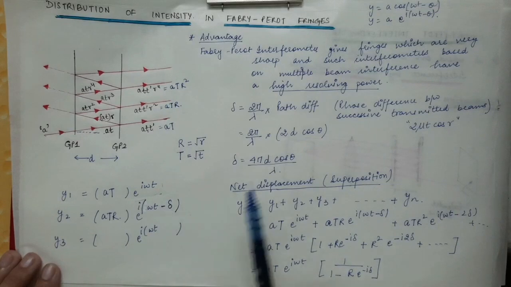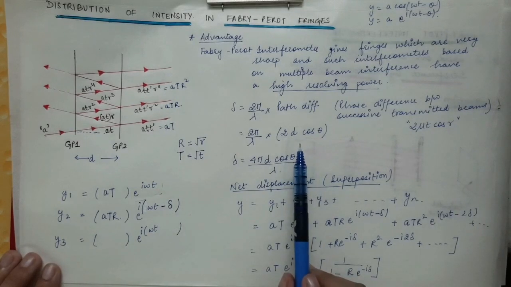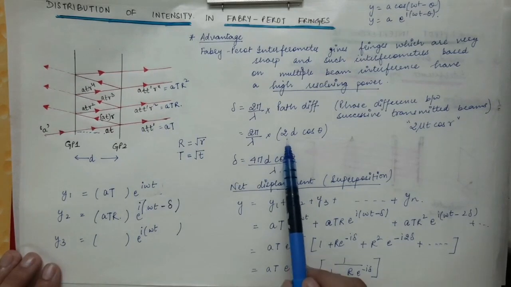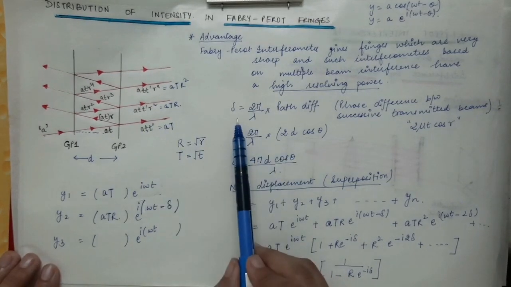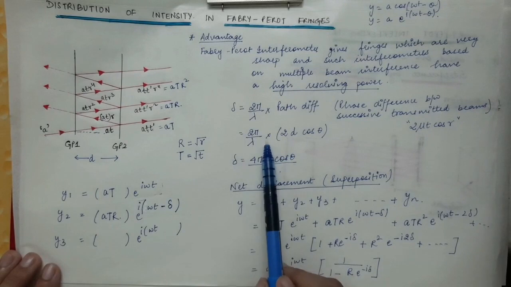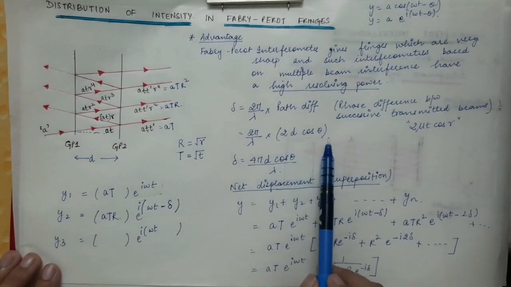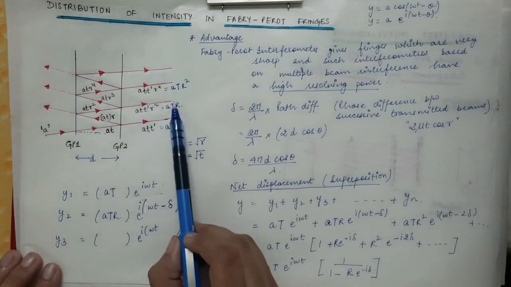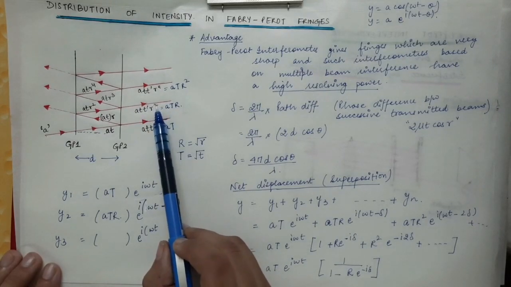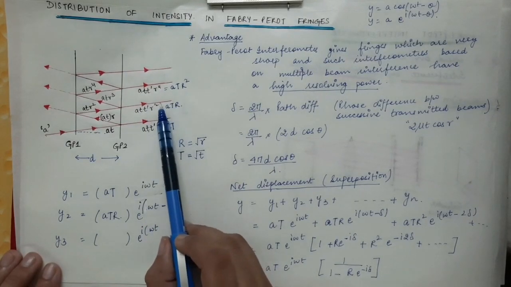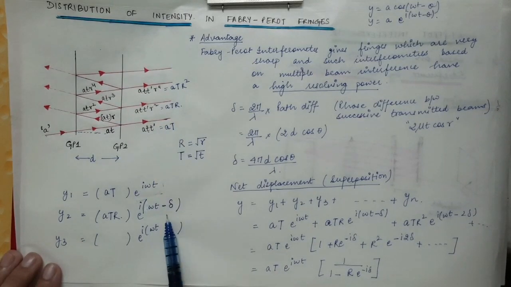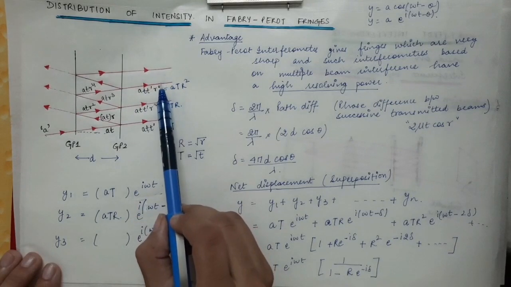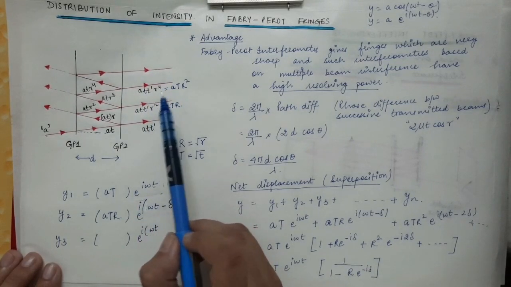This is nothing but what we did in the article on thin films: the first two transmitted rays have a path difference of 2d cos θ, and a phase difference of 2π/λ times 2d cos θ. So this is nothing but delta. The phase of the second ray differs from the first by delta, and the phase of the third ray differs from the second by delta.